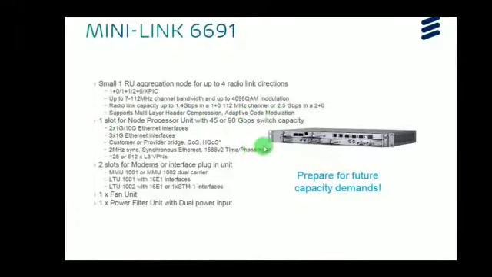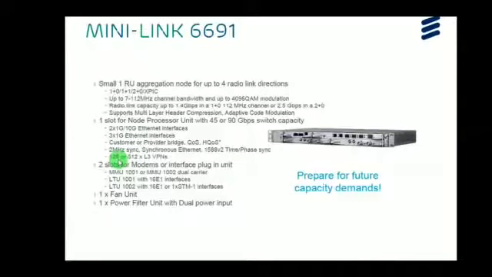It has only one slot for the node processor unit, that is NPU, with 45 or 90 Gbps switch capacity. The NPU supports 2 1 GbE Ethernet interfaces and 3 1 GbE Ethernet interfaces. It also provides customer or provider bridge, quality of service and hierarchical quality of service functionality. It has a 2 MHz sync port and synchronous Ethernet functionality as well.